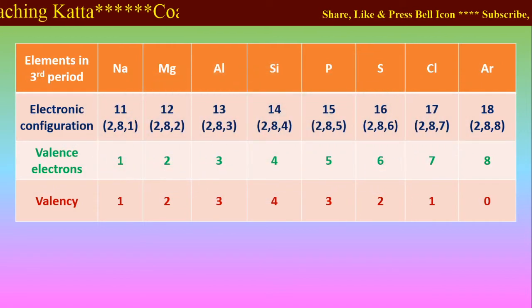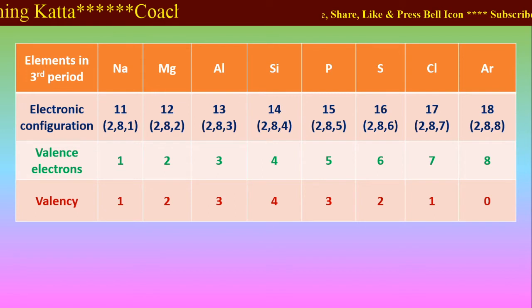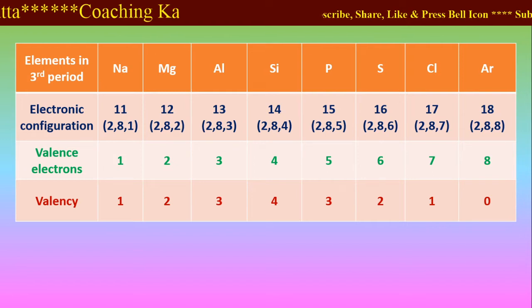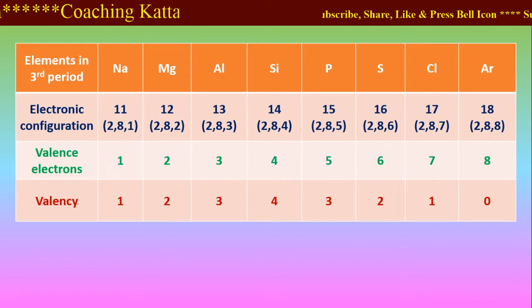Now, let us see the trend in variation of valency in the third period. Observe the table. Here, sodium donates 1 valence electron and so its valency is equal to 1. Again, consider magnesium. Its electronic configuration is 2, 8, 2. So, valence electrons are 2.